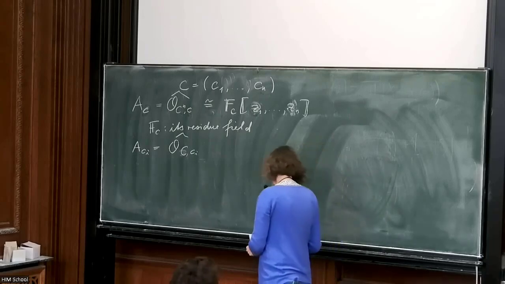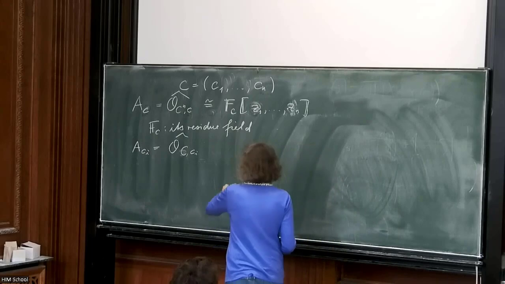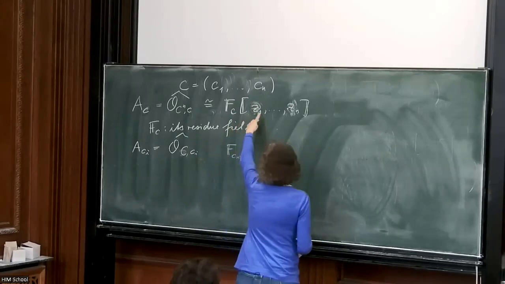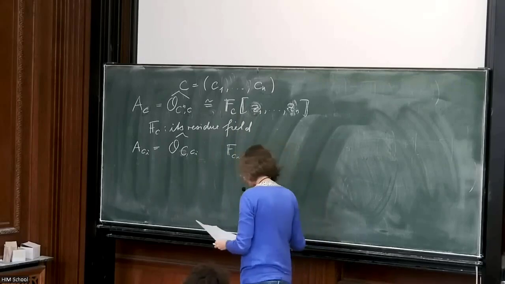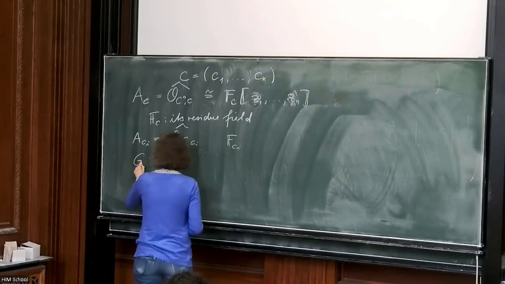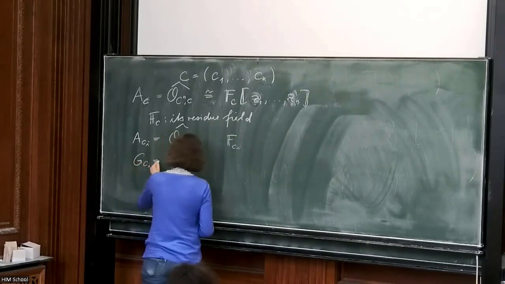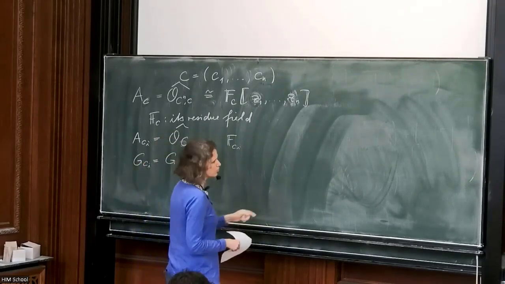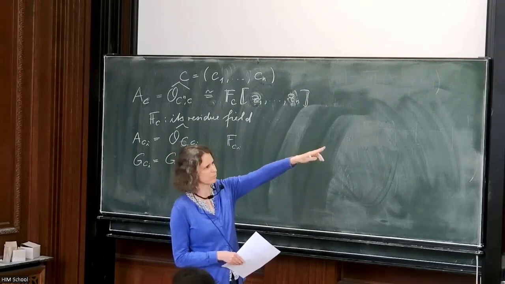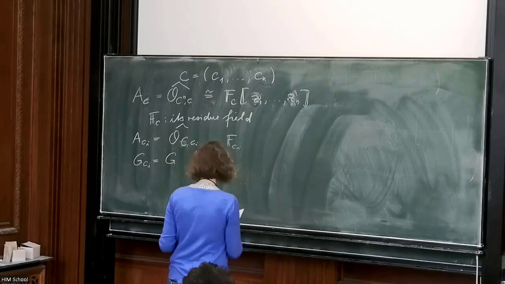Okay. And of course, you can do similar things here. I mean, you also have FCIs, right? And this is then for the individual point, and you get a similar description there. Yeah, two more things. You have GCI. This is the whole group, which I assumed to be just constant, a base change of some group over FQ to the curve.